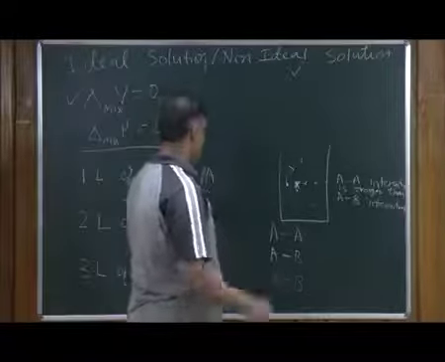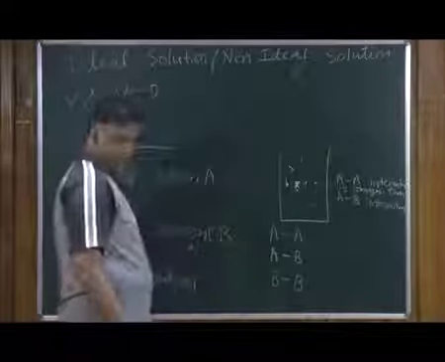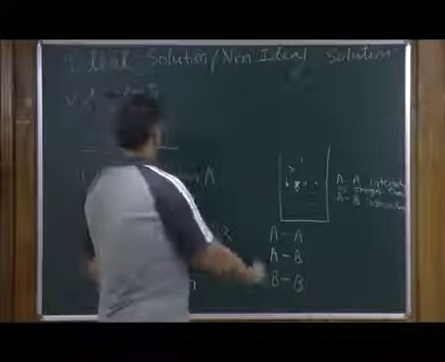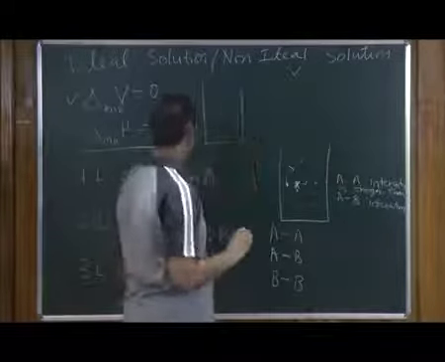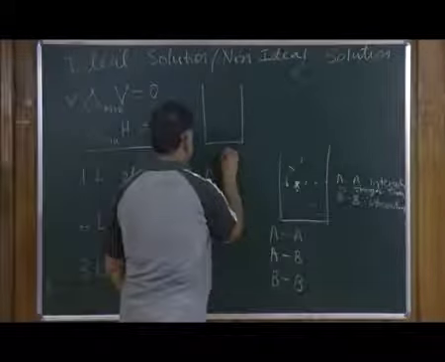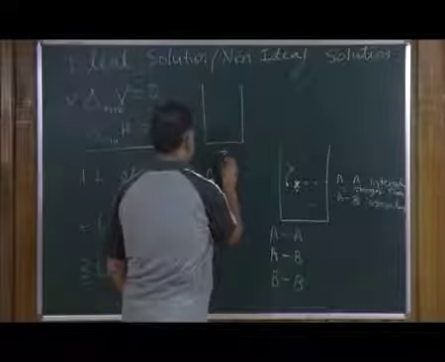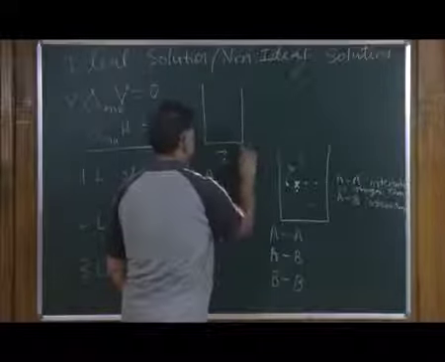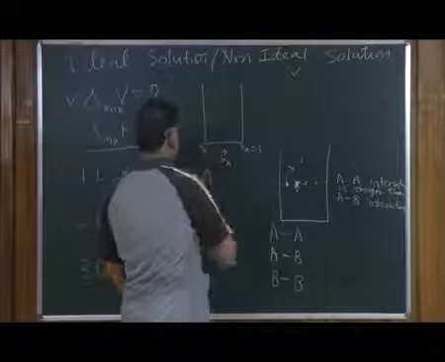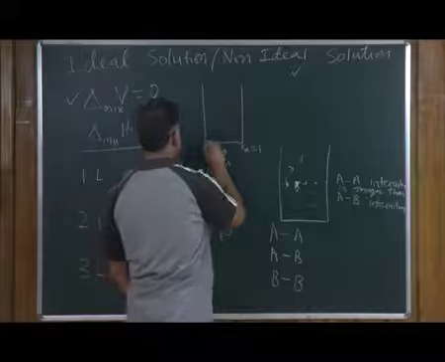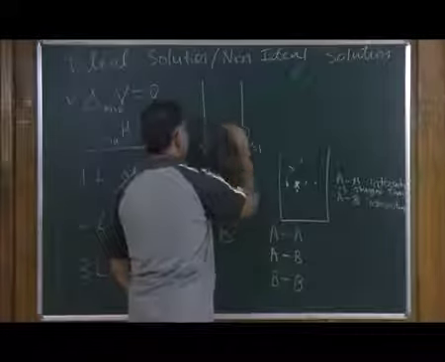So, the vapor pressure will increase. Okay, let me draw this diagram which I have drawn earlier. What we are changing is the mole fraction of A. Over here x A is 1, over here x A is 0. So, the vapor pressure of A is going to be this.